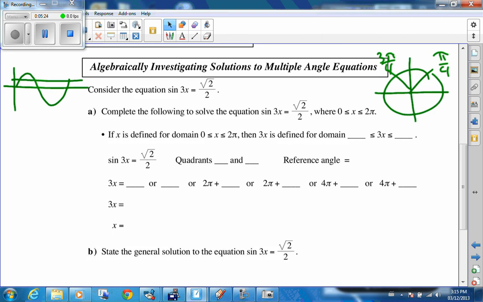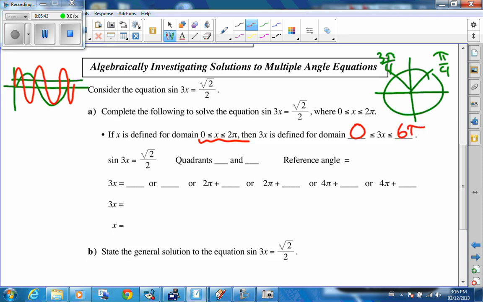But if I do sine of 3x, it's going to look like that. And so I'm going to get more solutions. To see that, I go, okay, I want x between 0 and 2 pi, so I want 3x from 0 to 6 pi. And now I know that it's in quadrants 1 and 2 with a reference angle of pi quarters.